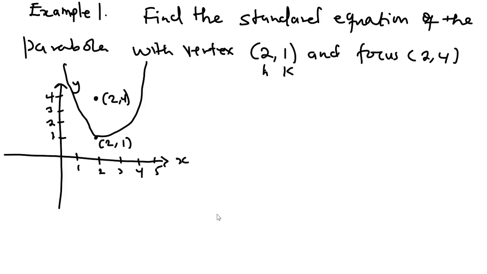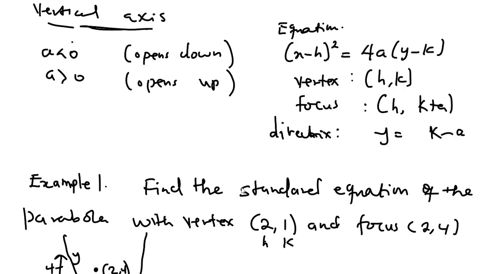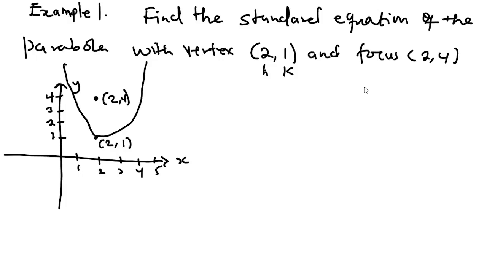Let's go back to our explanation that we had here. When it opens up, what happens? Means that our A is greater than what? 0. Yes, of course. So when we get our A, our equation should be in this form. All right.